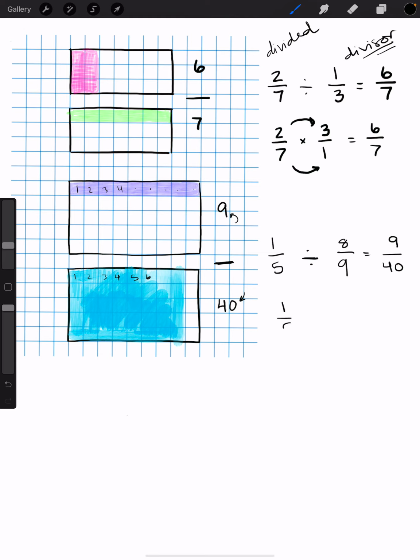If I take 1/5 and multiply by 9/8, I get 9/40. So my visual works. And that would be how you show a visual of a fraction divided by another fraction, specifically when your divisor is larger than your dividend.